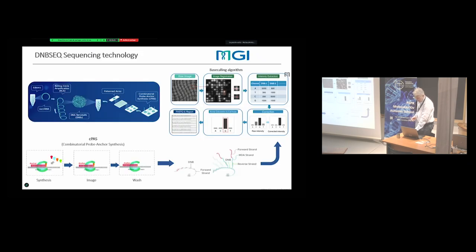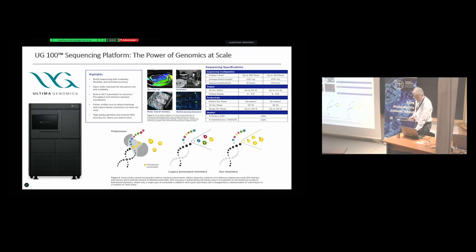So I will not spend too much time on the technology like the one developed by MGI, the DNBSeq, or there is also Ultima Genomics that is developing another platform. What is interesting in that case is that the very, very high throughput is possible.